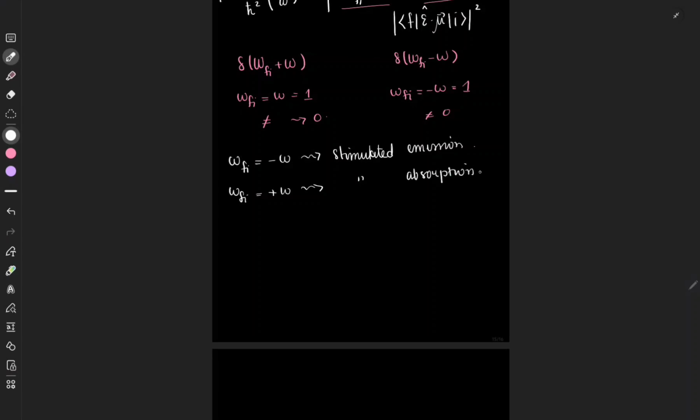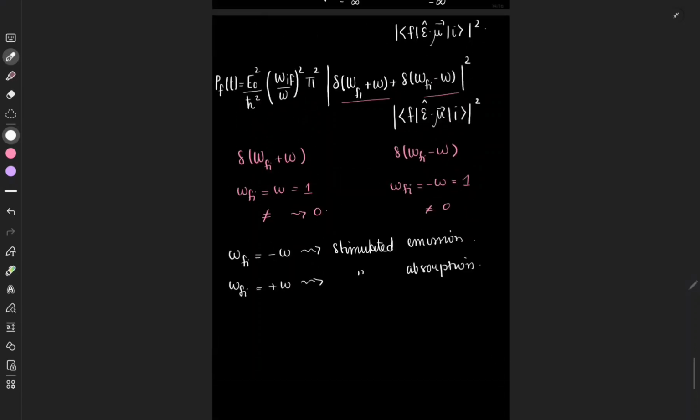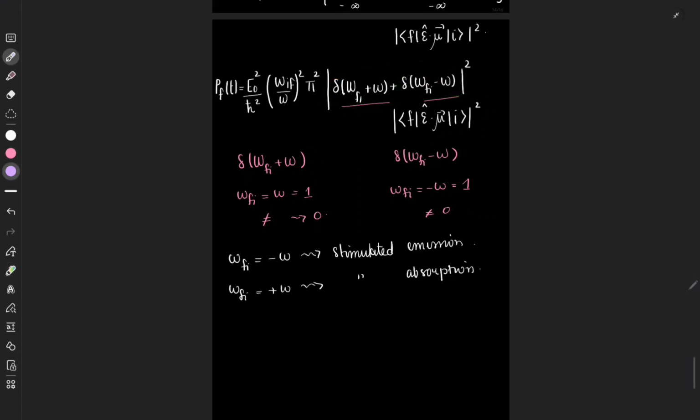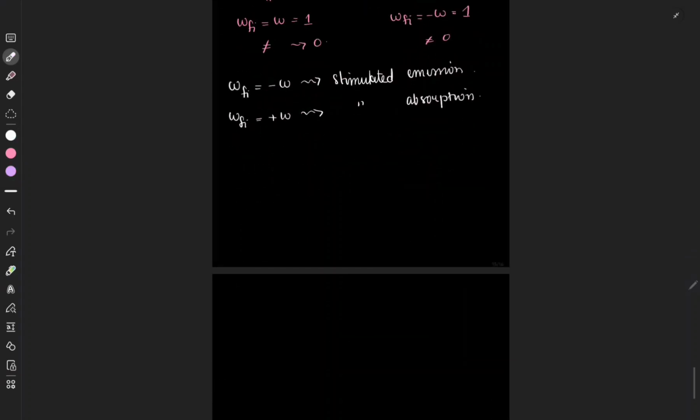So absorption and emission cannot occur simultaneously. So one of the terms here should go. I can write this as emission, and this is absorption. Fine, so only one term exists.